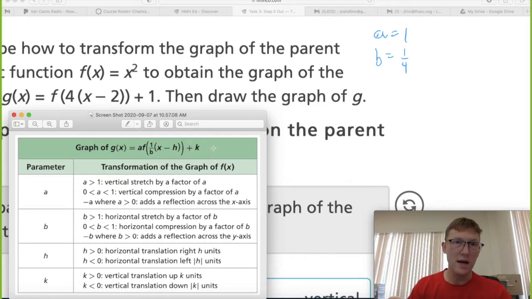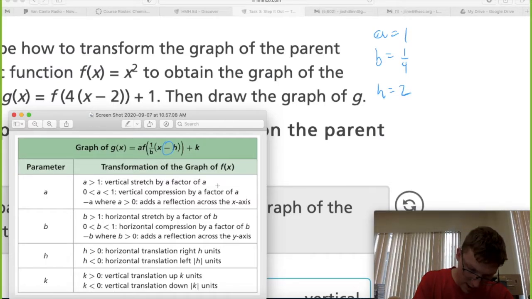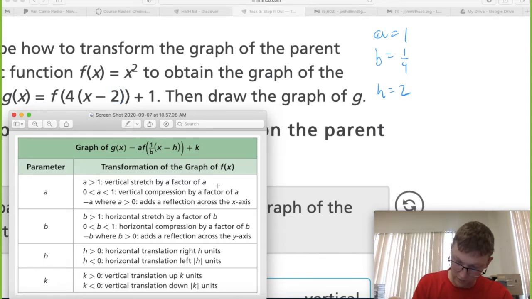Then we have an x minus 2 on the inside of the function, so our h is just going to be positive 2, because remember, we already have a negative here and a negative there.